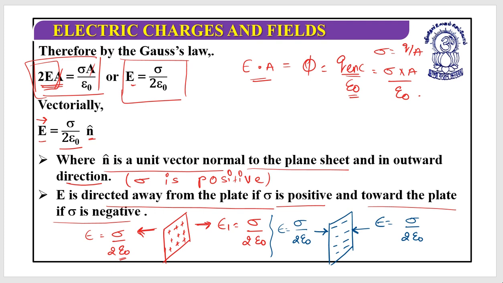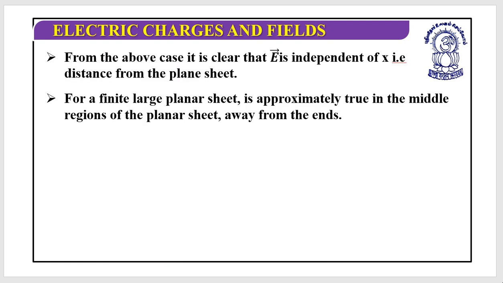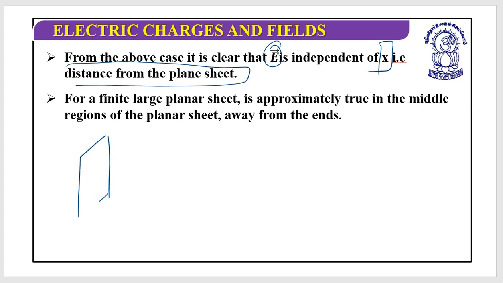Is it done? Are you sure? Yes. One very important case: the electric field is independent of x, that is, the distance from the plane sheet. Now you need to redraw this. What was the electric field?